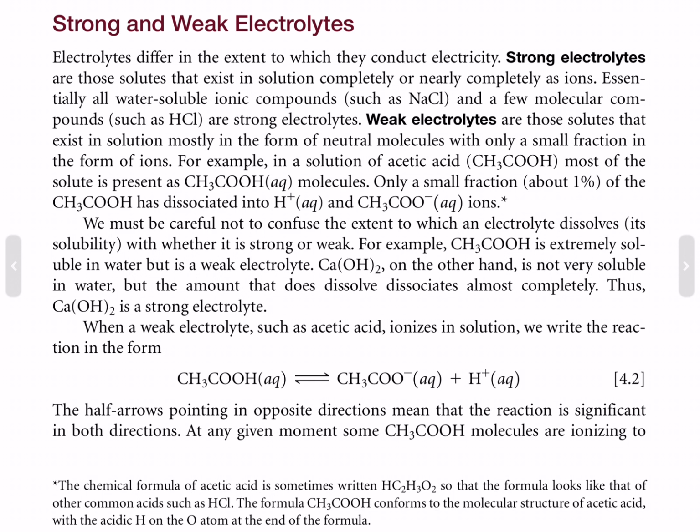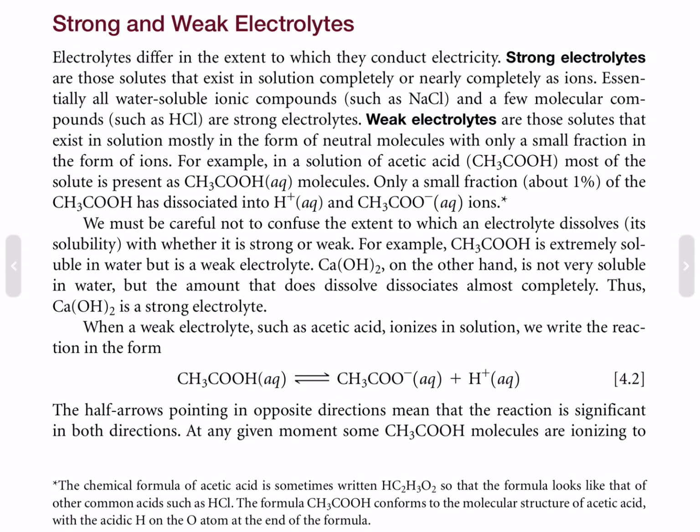When a weak electrolyte such as acetic acid ionizes in solution, we write the reaction in the form: acetic acid (aq) double arrow acetate ion (aq) plus hydrogen ion (aq). The half arrows pointing in opposite directions mean that the reaction is significant in both directions.